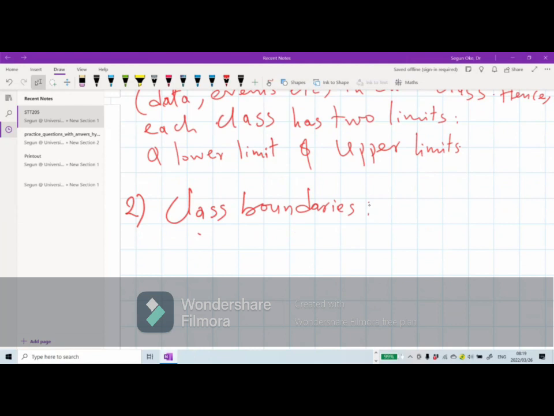For class boundary, I'll give a short illustration. Class boundary is when you work on both lower and upper class limits.